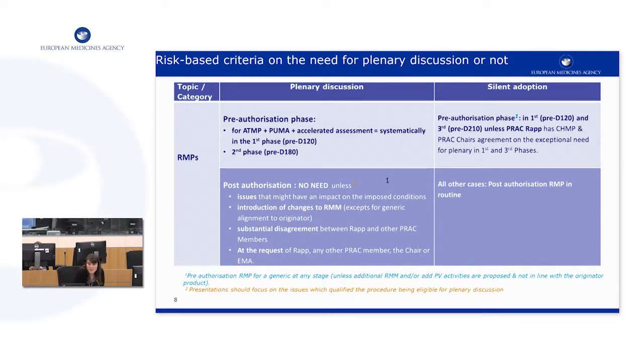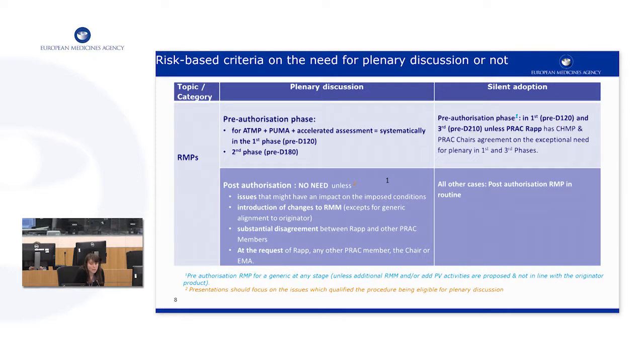Actually, these procedures are not even captured on the PRAC agenda, but there is an exception for any ATMPs, so advanced therapy medicinal products, PUMA, and also accelerated assessment. These procedures are always on the PRAC agenda. There will be a PRAC outcome, and they will go automatically for discussion. Now, as I was saying, all the other cases will go silent.